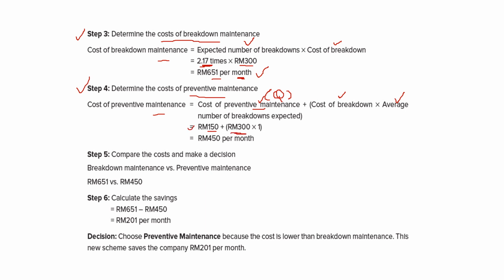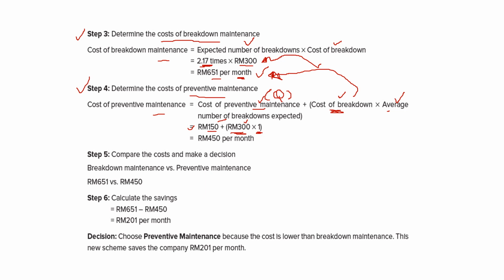And this part, okay, cost of breakdown maintenance here, don't take this one. Jangan ambil answer daripada previous calculation. What you do is you take this one, the one given in the question. What is the cost of breakdown? 300 ringgit. And this one, the number 1 here is the average number of breakdown expected. This is mentioned in the question.